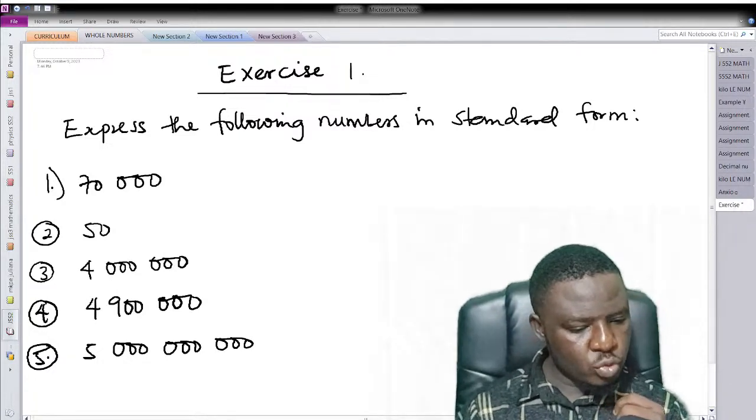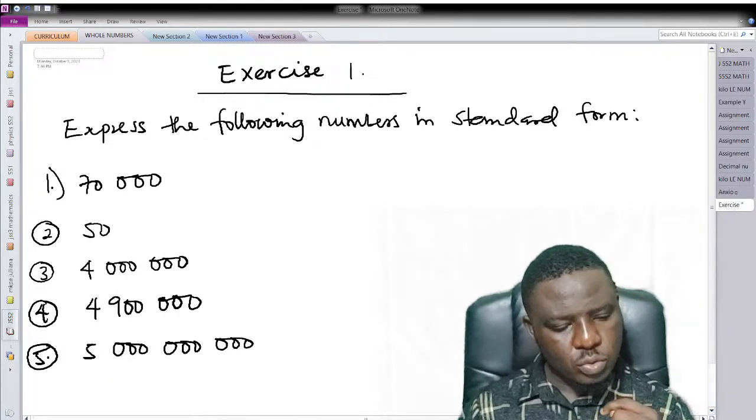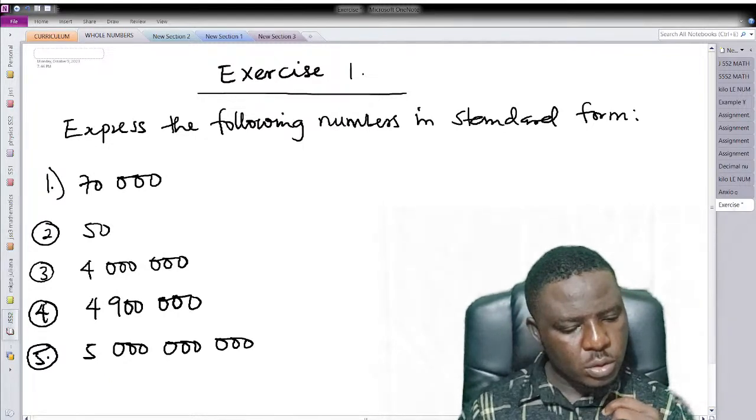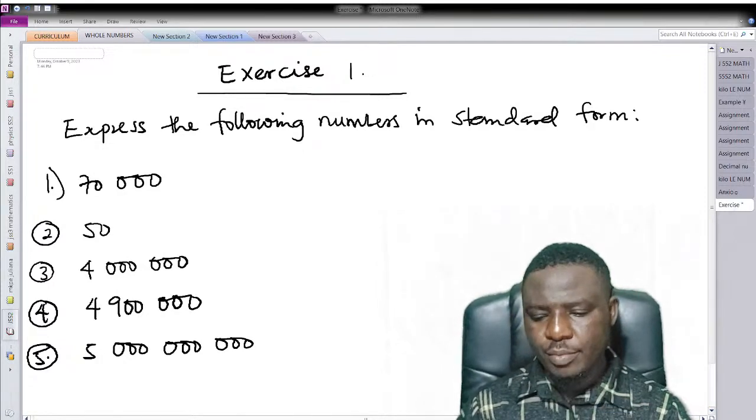Okay, number 2, you said is 5 times 10 to power 1. Okay, that's correct.